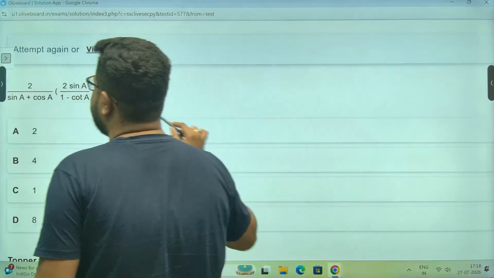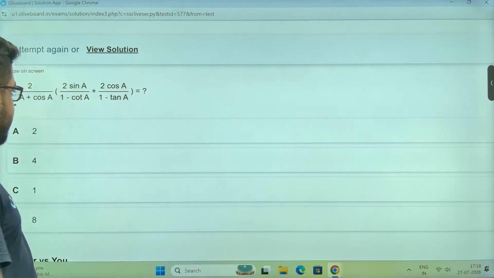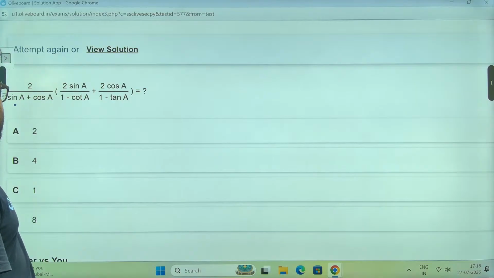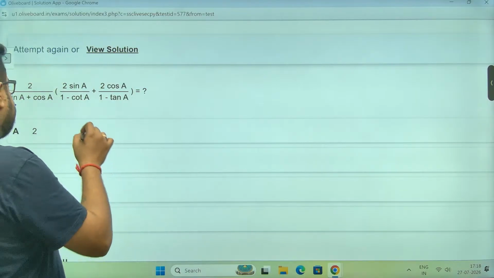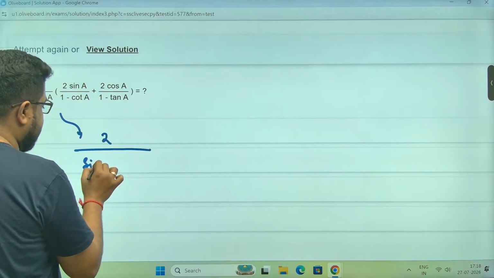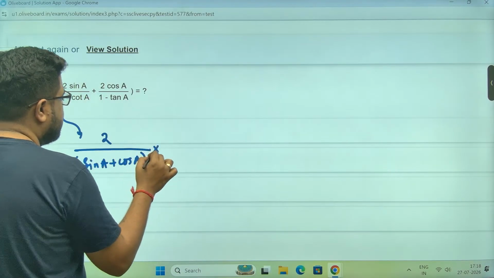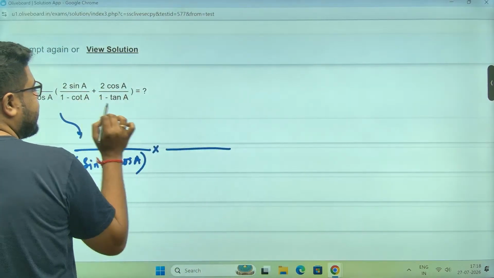Next one, sir. Either you can put values or you can calculate identities. What should I do? Let's calculate identities, sir. 2 by sine A plus cos A. I'll take everything into sine and cos. This is cos by sine.